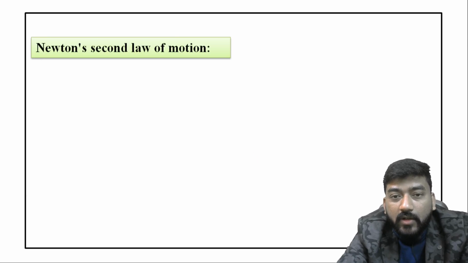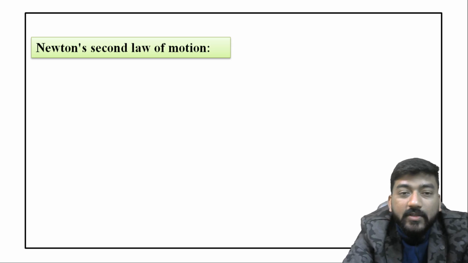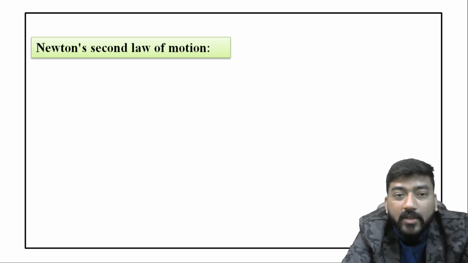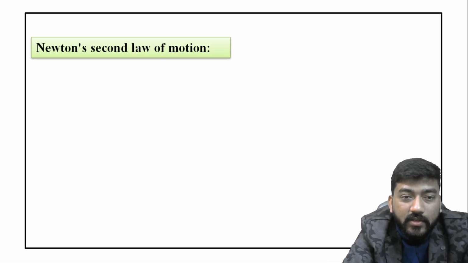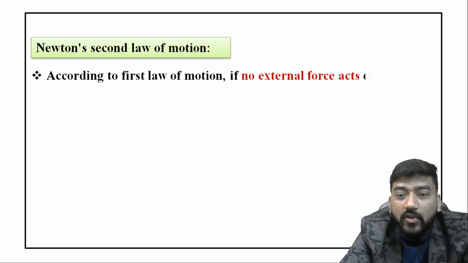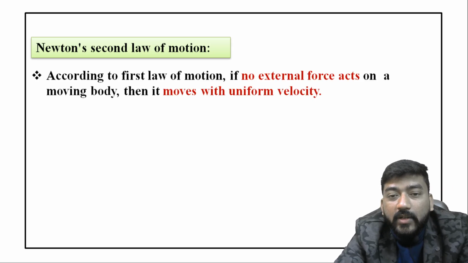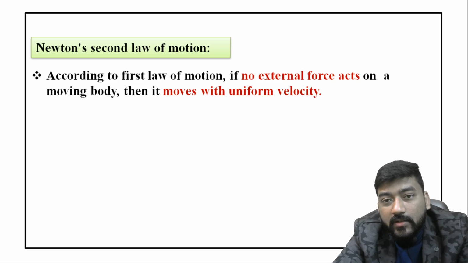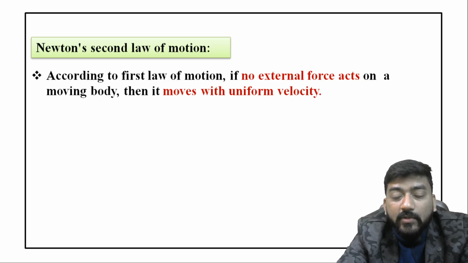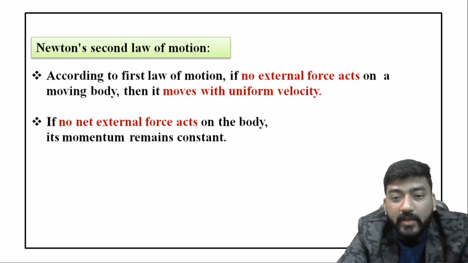Now, from the viewpoint of momentum, we can state Newton's second law of motion. According to the first law of motion, if no external force acts on a moving body, then it moves with uniform velocity. So whenever an object is moving with uniform velocity, that means no external force acts on it, so its momentum remains constant.